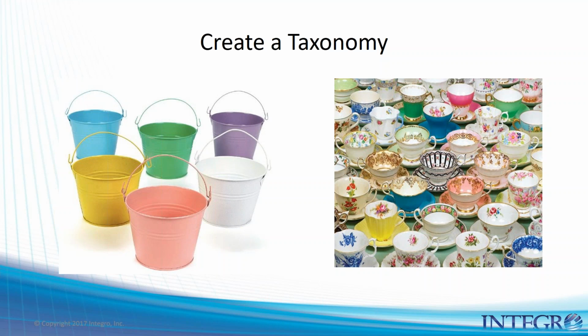Typically this means that bigger bucket classification is better than very granular classifications. For example, an HR document is very different from a finance document, which is very different from an R&D document. But whether you decide to go big bucket or very granular, and I've seen both approaches work, you want to avoid overlapping and vague categories.